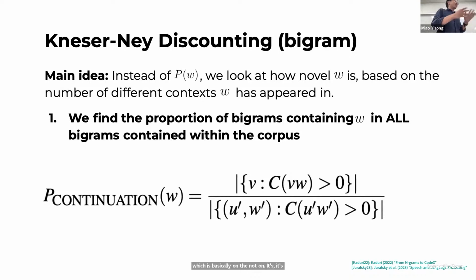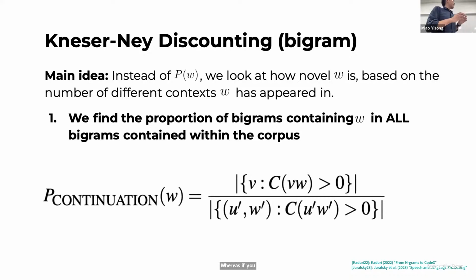Lastly, we have Kneser-Ney discounting, which is basically, instead of using count-based probability, we look at how unique this particular term is. In one of the textbooks they used, they stated how Hong Kong is a very common term, but the word Hong itself is only used before the word Kong, which is not very useful in many contexts. Whereas if you were to use "sleeping bed", the word bed itself is used in many different contexts.